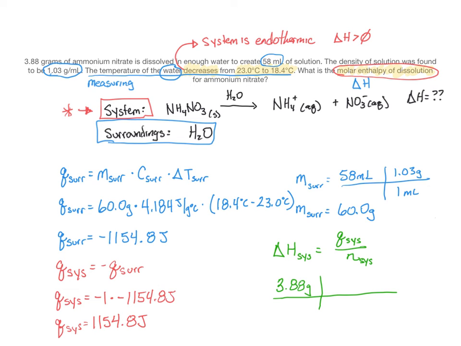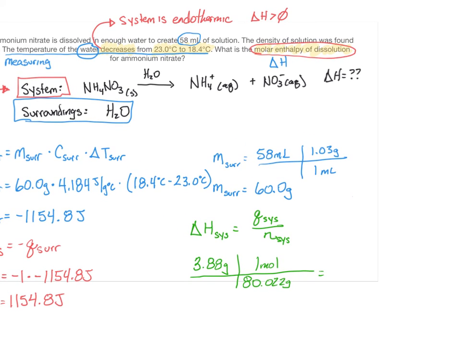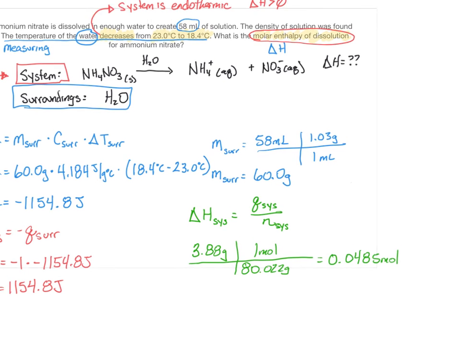I have 3.88 grams. The molar mass of ammonium nitrate is 80.022 grams per mole, which means that 0.0485 moles of ammonium nitrate reacted.